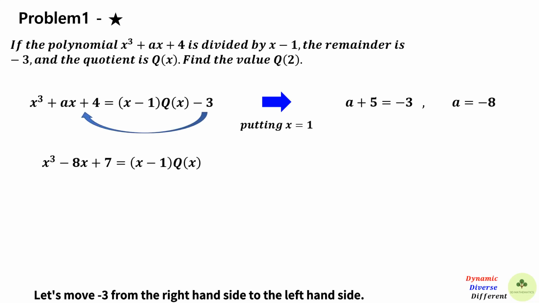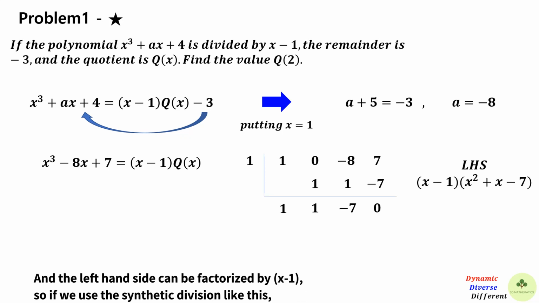Let's move minus 3 from the right-hand side to the left-hand side. Then our equation becomes x to the 3 minus 8x plus 7 equals x minus 1 times q of x. And the left-hand side can be factorized by x minus 1.